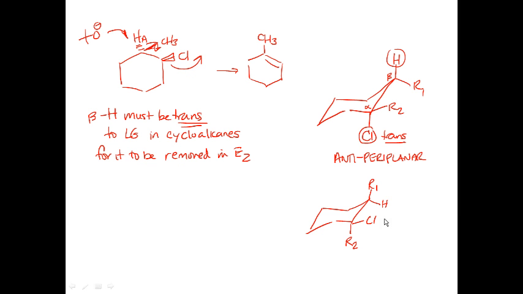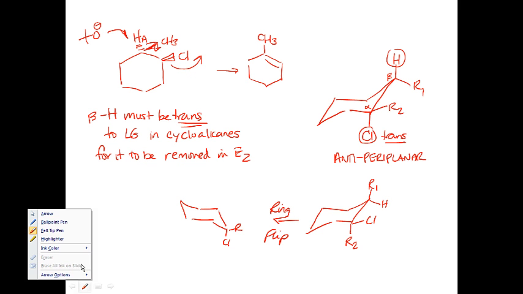And the answer is no, because they're not anti-periplanar. But what has to happen then? What has to happen is you have to do a ring flip in order to then interchange the H and the Cl groups. So now, actually, that's not the correct.